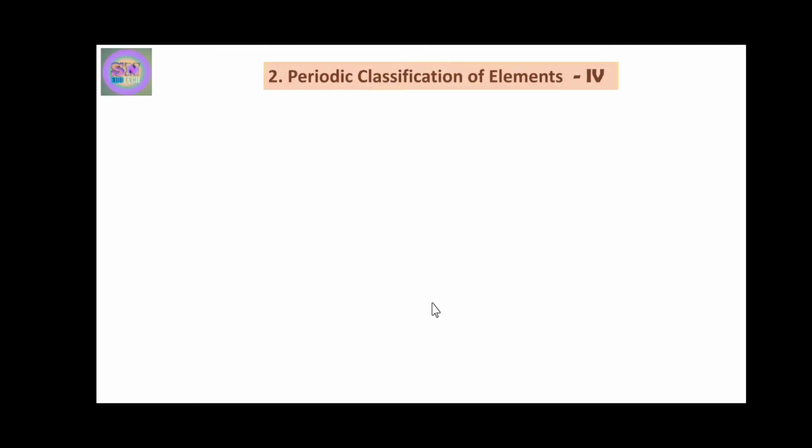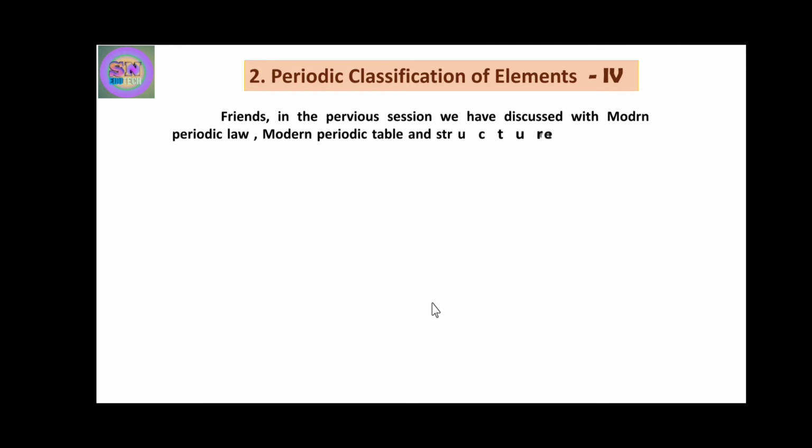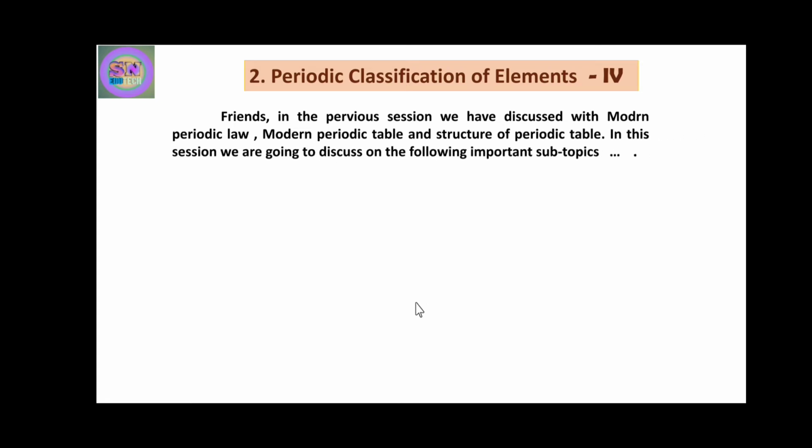Friends, in the previous session of this topic, Periodic Classification of Elements Part 3, we discussed the modern periodic law, the modern periodic table and the structure of the periodic table. In this session, we are going to discuss the following important subtopics of this chapter: characteristics of groups and periods.